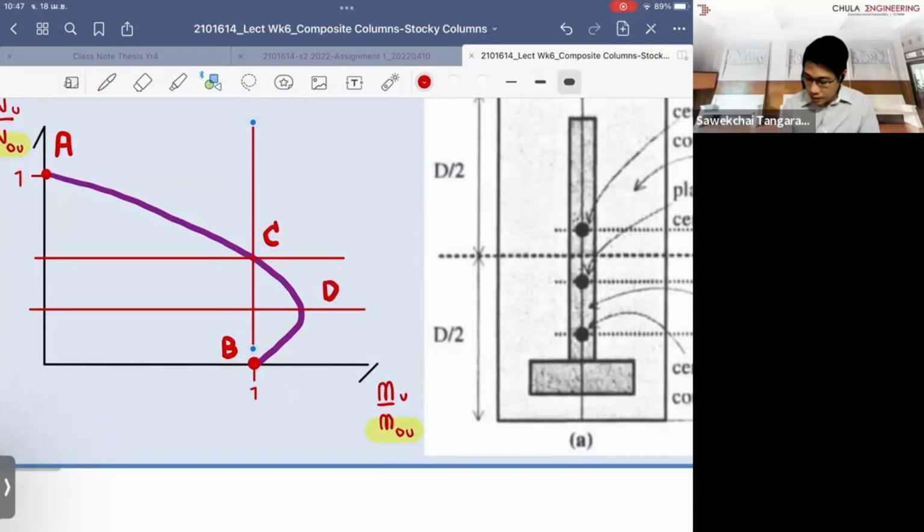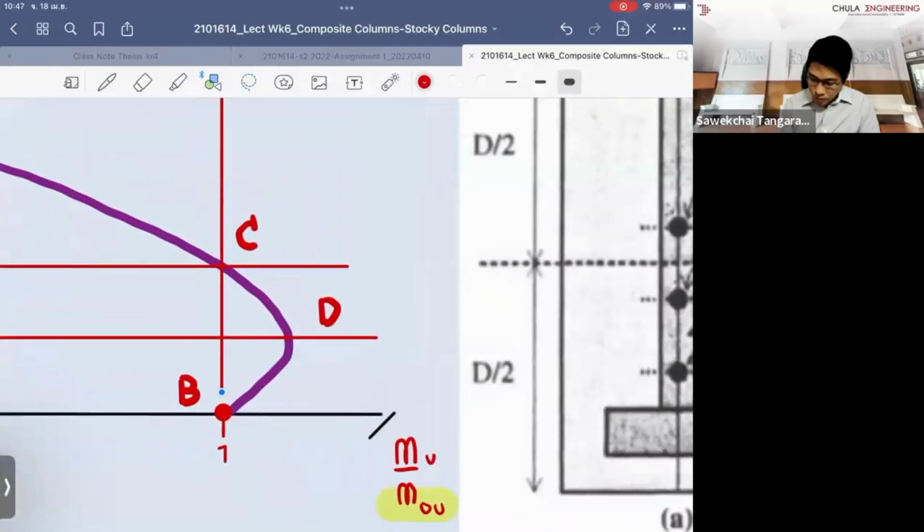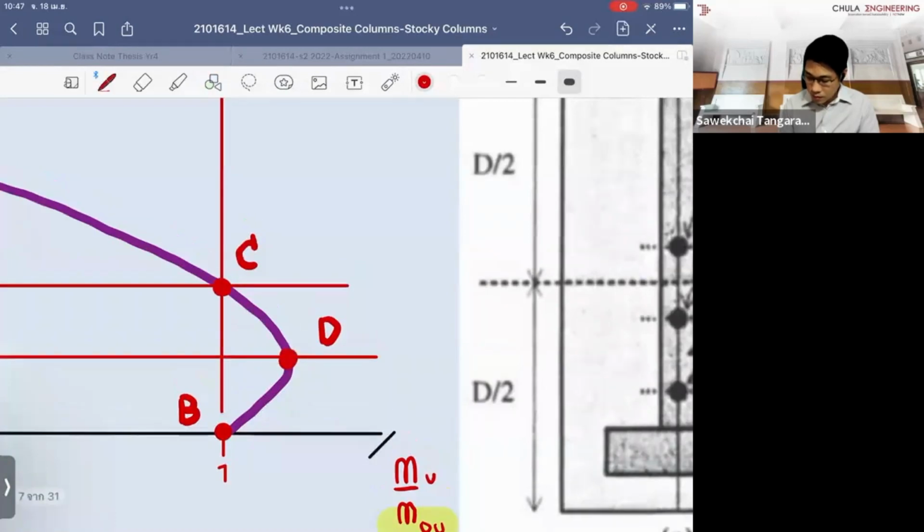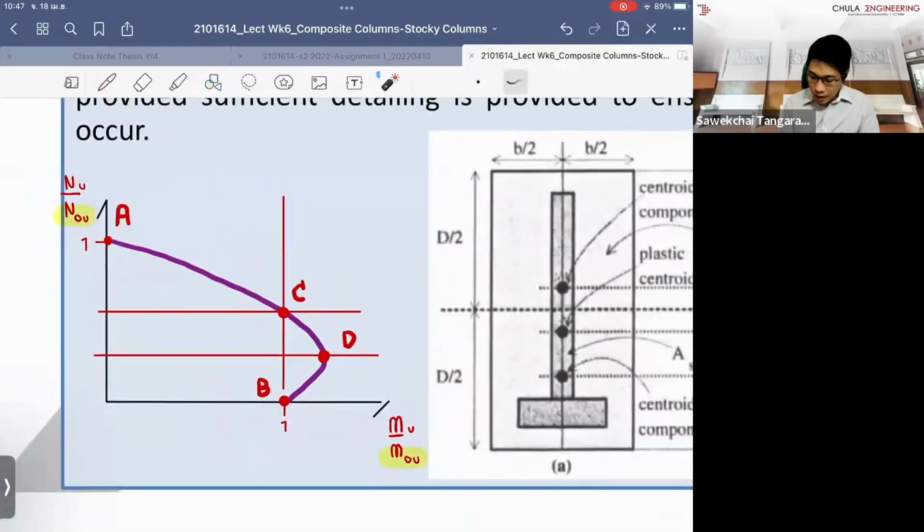So if you obtain these 4 points in the diagram, you can simply connect the linear line, so this can approximate the capacity of the column you're looking at.